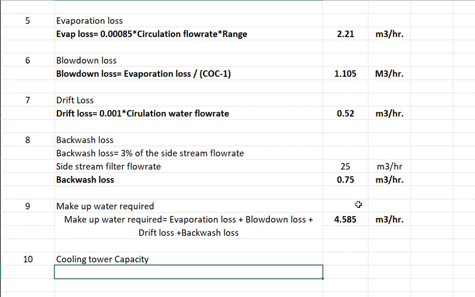So based on that, we have to calculate the cooling tower capacity.